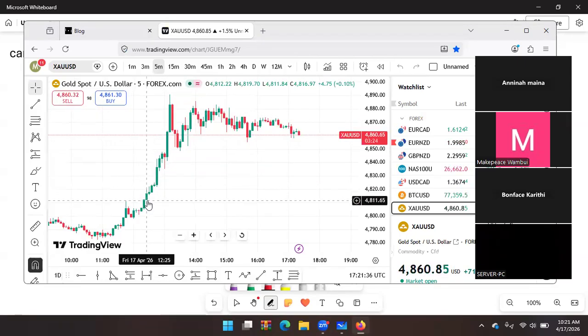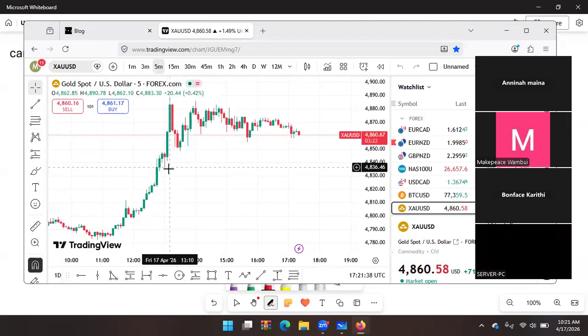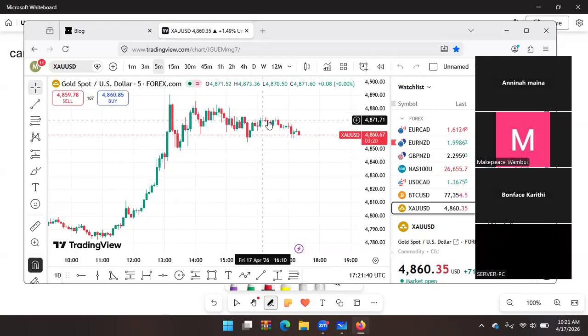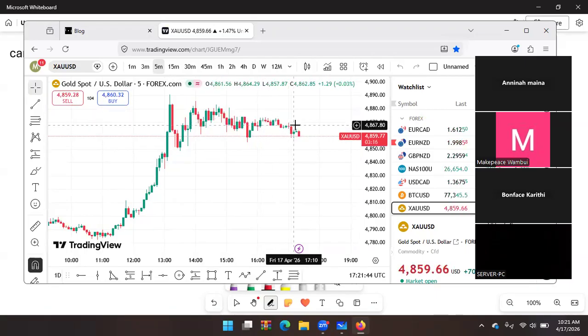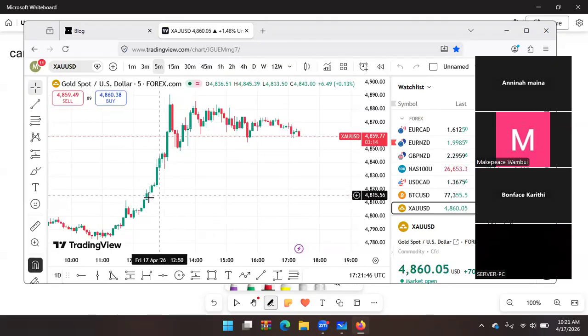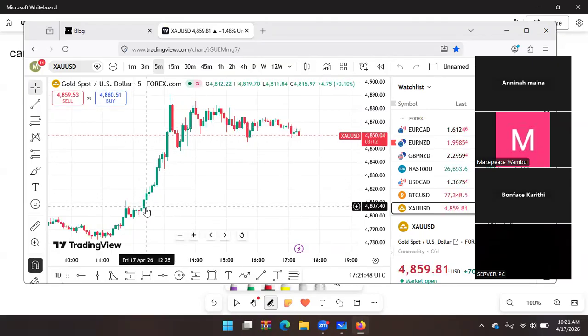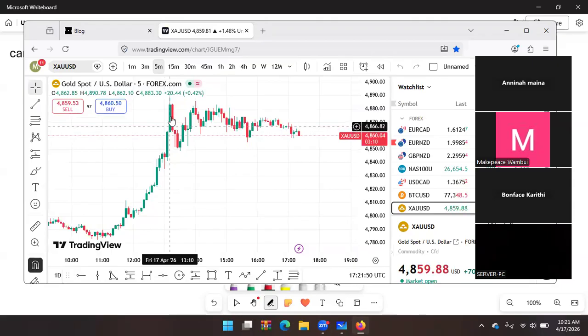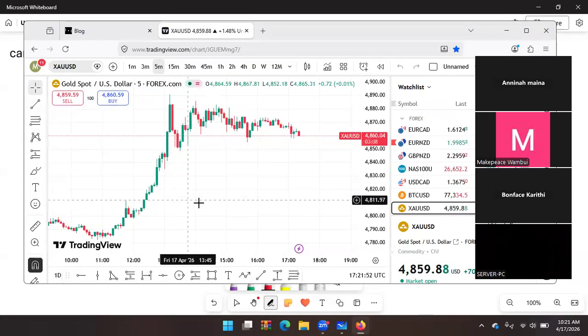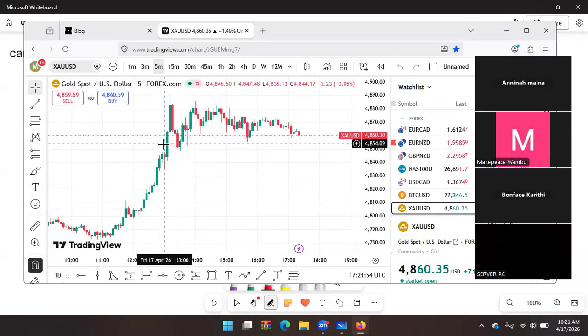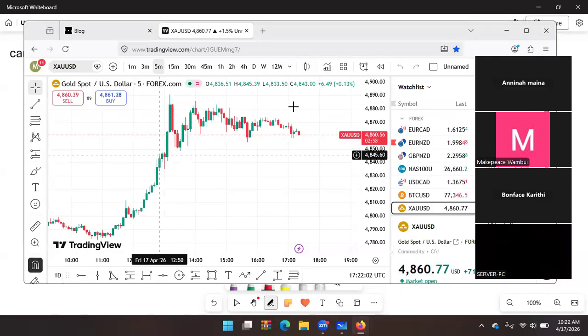You can see these candlesticks moved by forming large bodied candlesticks, then at a point the candlesticks started forming small bodies. When the market was moving by forming large bodied candlesticks, the larger the body, the higher the volatility and market activity at that time.